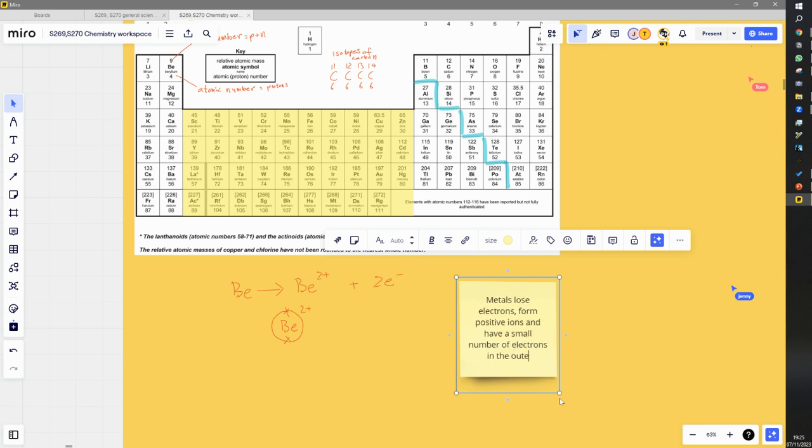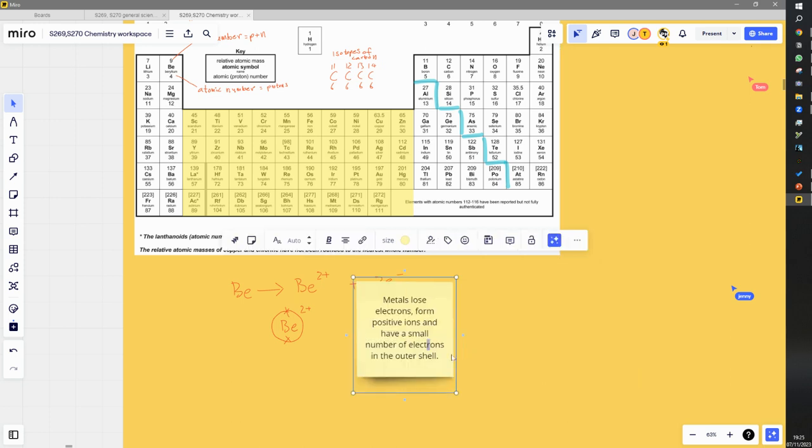Now all those things are connected, right? They lose electrons because it's easier than gaining them, because there's only a small number to lose. They form positive ions because they lose electrons, because when you lose electrons you're going to form a positive charge.